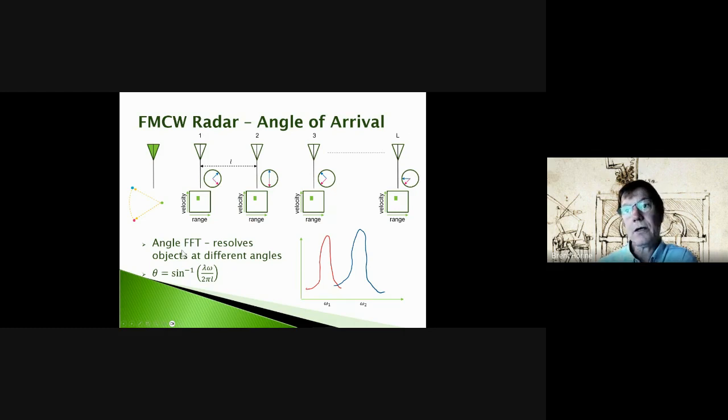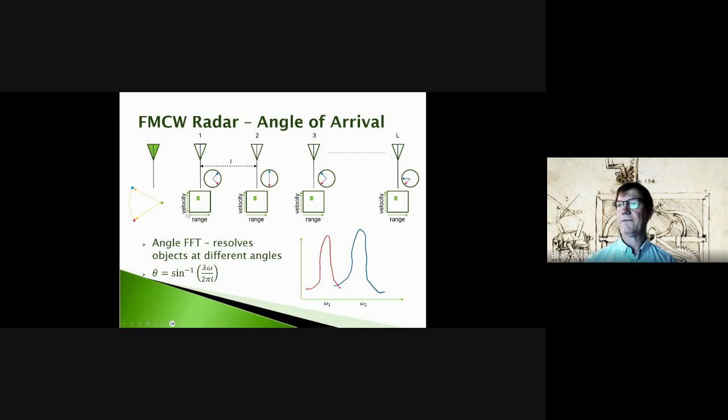So again, we're going to do an FFT, a Fourier transform, on this data. The first one was the range FFT. Then we did the Doppler FFT to get the velocity. Now we're doing an angle FFT. We're going to gather this data again out of all these different locations.